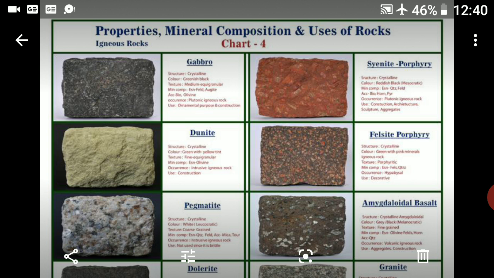Essential minerals like feldspar and augite are present in this rock. And as accessory minerals, biotite and olivine are present.